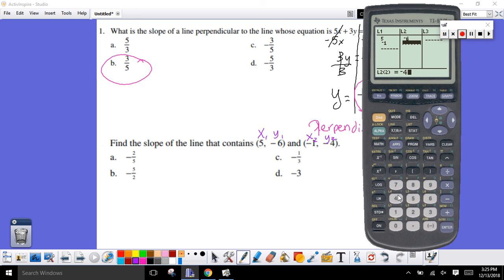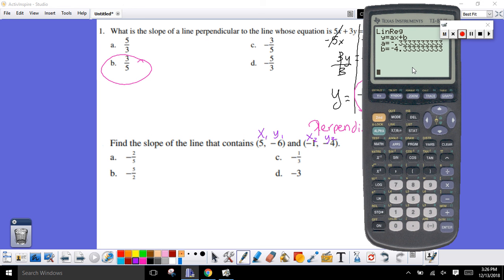Please make sure you put the numbers in the correct order with the correct point. So 5 goes with negative 6 and negative 1 goes with negative 4. Once I'm done, I'm going to press stat again, go to calculate, go down to linear regression because I want a line. I'm going to press enter, and it gives me my equation right here.